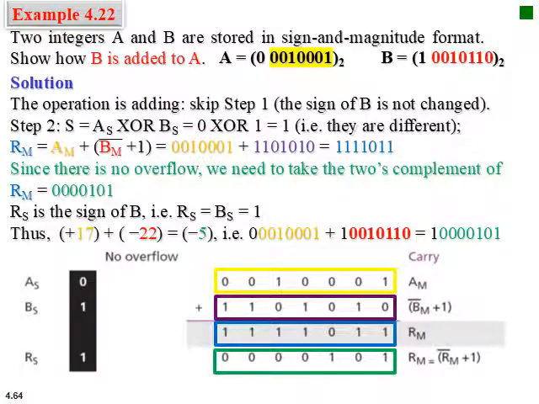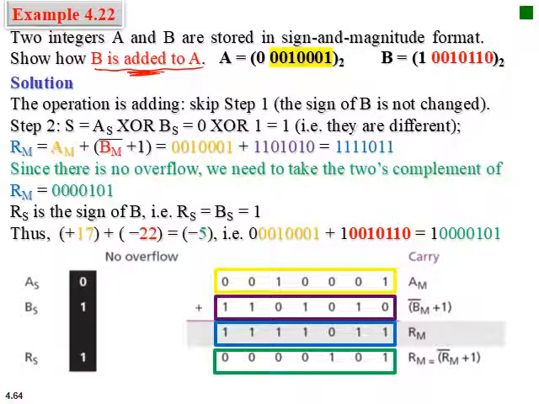So in this example, we have two integers A and B, and they are stored in sign and magnitude format. We're going to show how B is added, specifically added to A, so the operation is add.